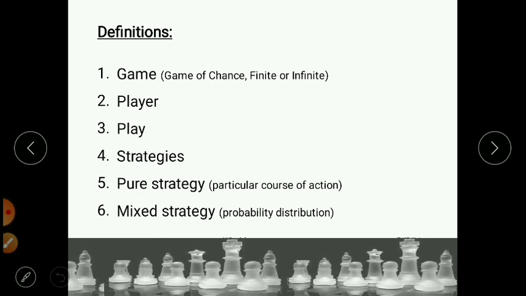Now, further, there are some games which can be finite and some which can be infinite, like I discussed in my previous slide. A finite game has a finite number of moves, and an infinite game has an infinite number of moves or choices, which is very rare. There are very few games which actually have an infinite number of moves or choices.